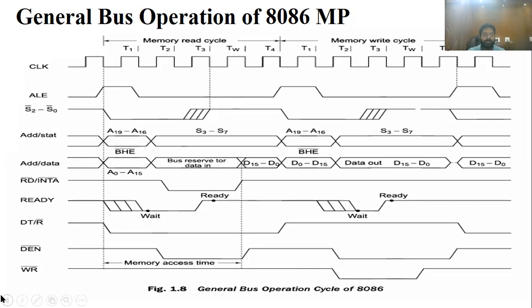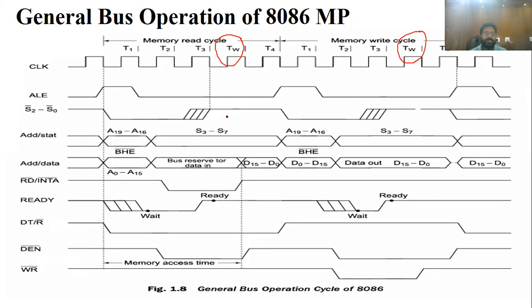So what is TW? TW is nothing but the wait time or inactive time. What is the use of this wait time? You know that CPU speed is always greater than the memory device speed. So to match the CPU speed and the memory device speed, you can generate a wait time period of one cycle to match the speed of the CPU and the memory devices.